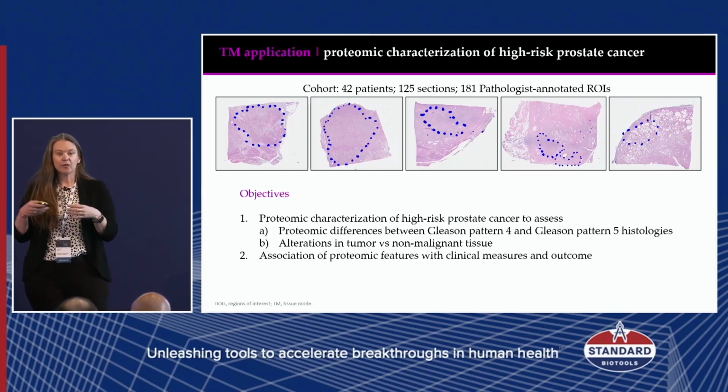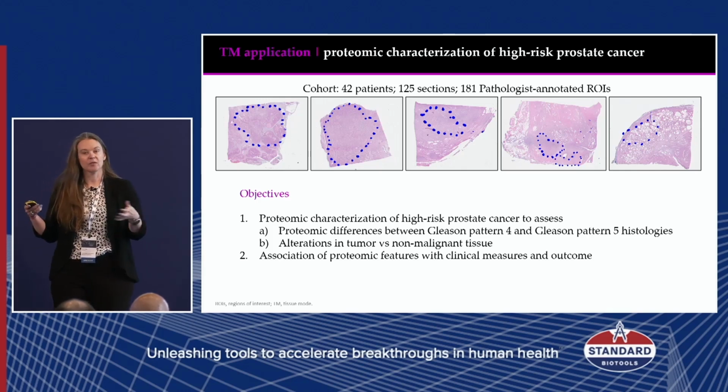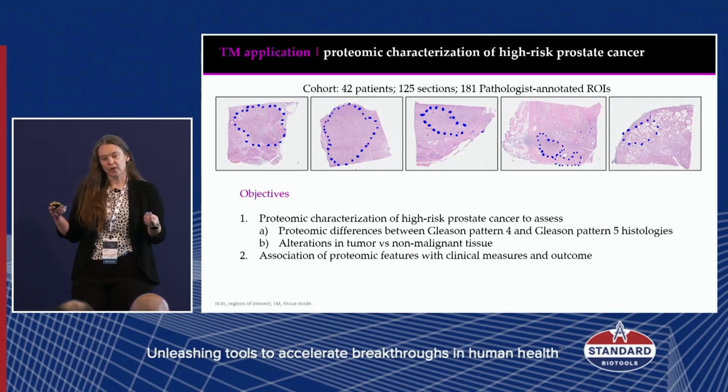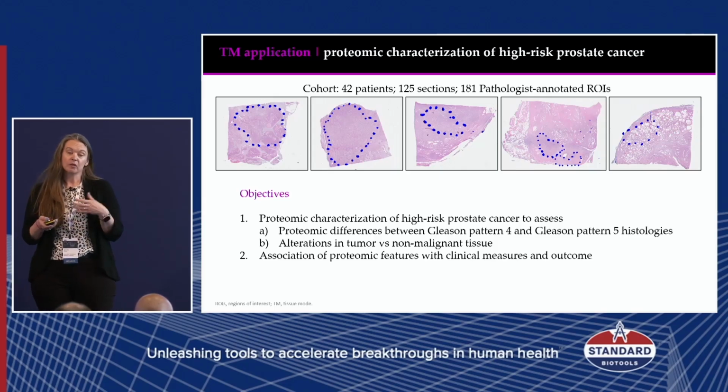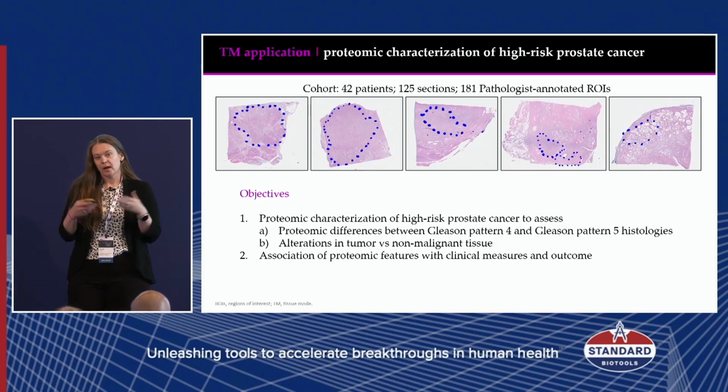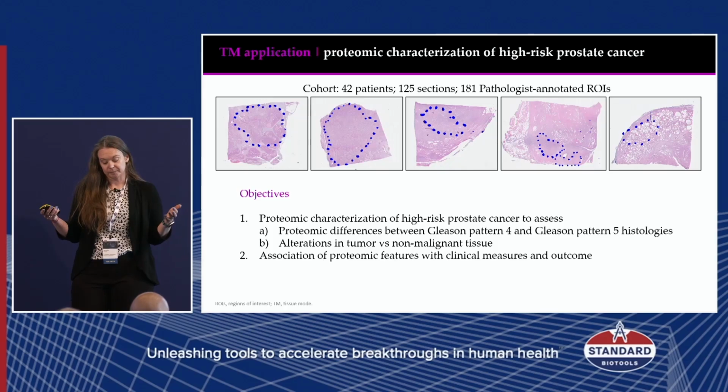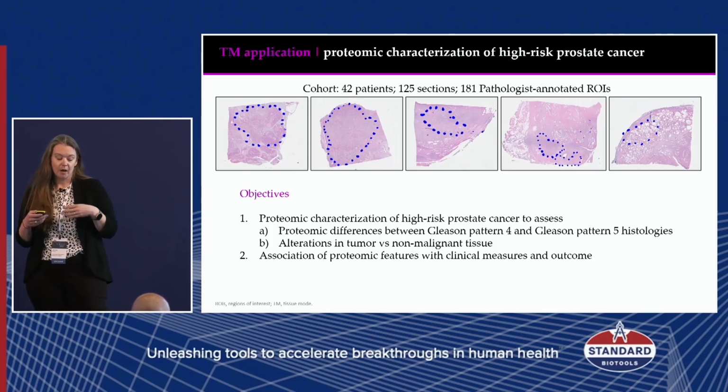What we see is that there's a lot of heterogeneity in terms of metastatic rates or overall survival within those categories. So we want to look deeper and see if we can figure out the proteomic differences between these two Gleason 4 and Gleason 5 histologies. We also want to look at tumor and non-malignant tissue and see what changes are happening there. Then we want to take all of those features we find and see if they associate with clinical measures or outcome data that we have for these patients.